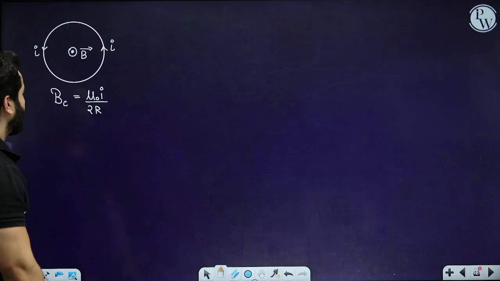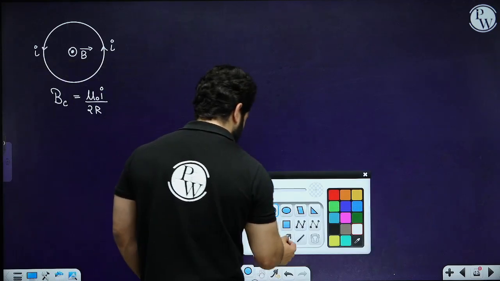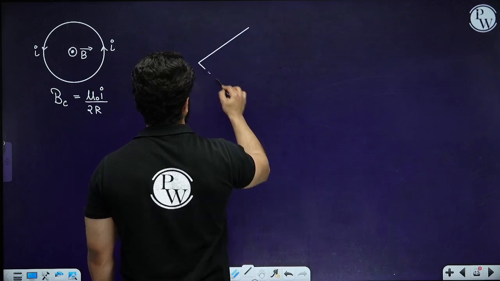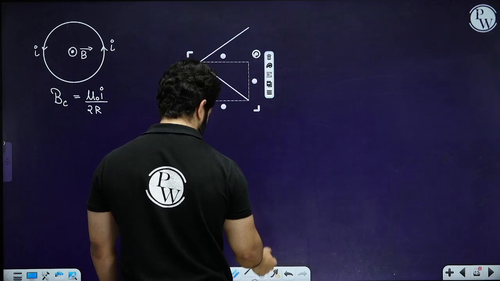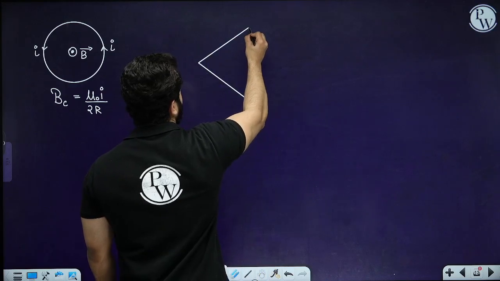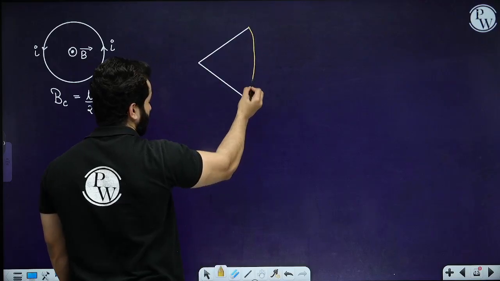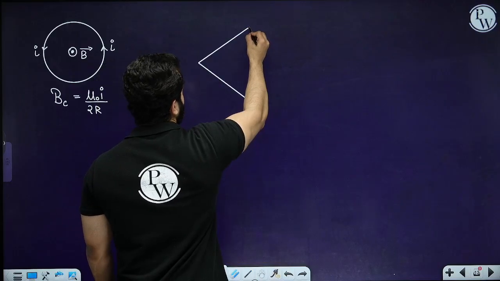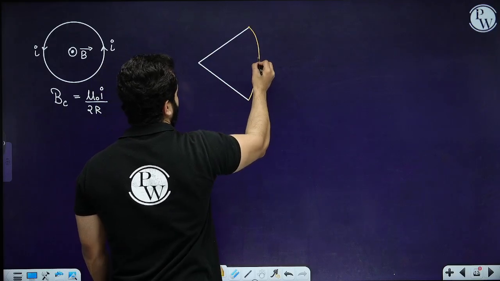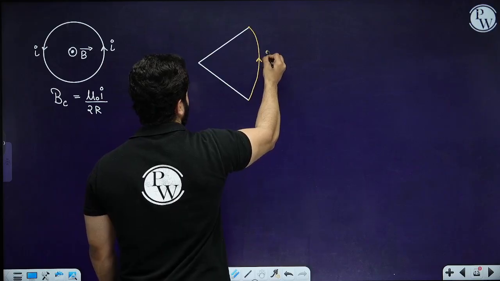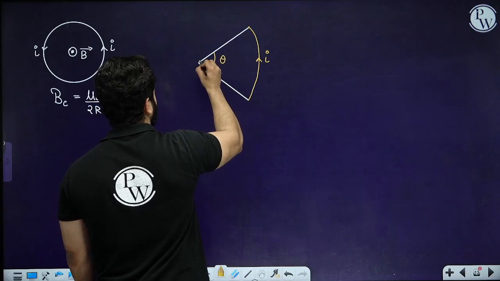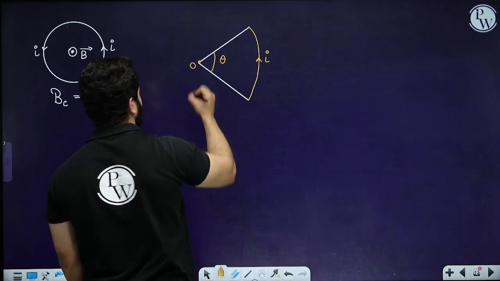Now let's suppose someone is asking about a particular sector. Let's say we have got something like this, and current I is flowing and this angle is theta in radians, and we want to find out the magnetic field at center O.